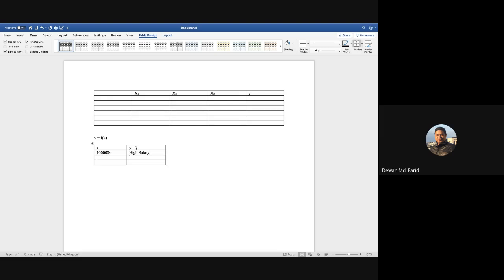If it's 50,000, we can say it's an average or medium salary. If we have, for example, 10,000 taka, we can say it's a poor salary.